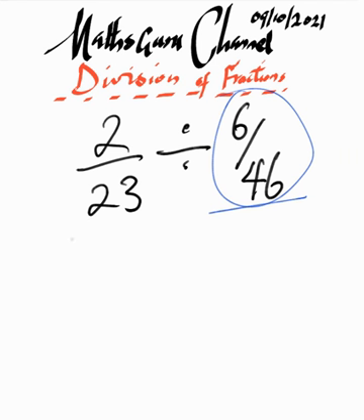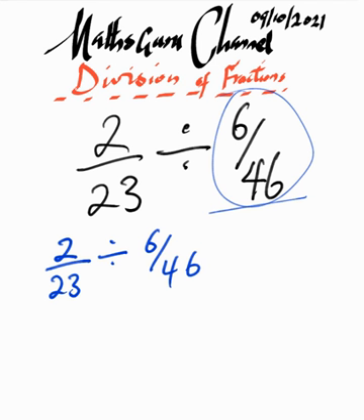So if we have, for instance, 2 over 23 to be divided by 6 over 46, our attention is to make this one 1. But recall that any number divided by 1 is the same number.